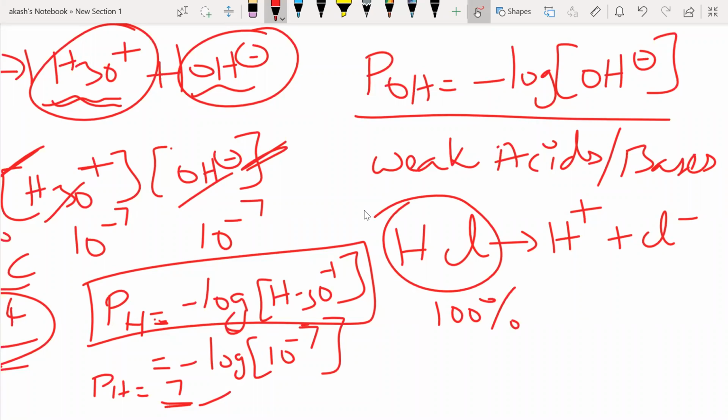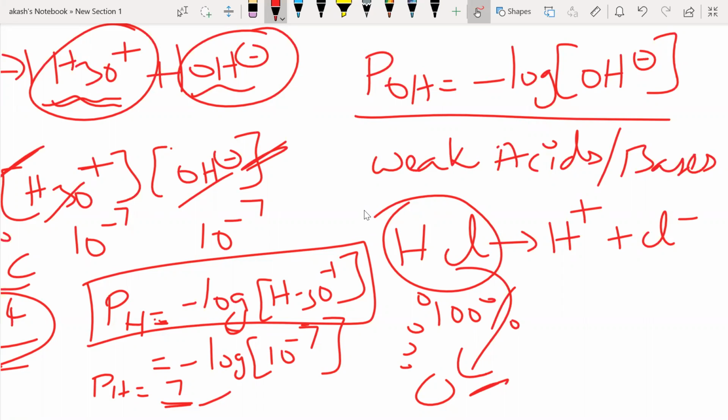So if I start with some 10 ml of HCl, all the 10 ml ideally would give me H plus and Cl minus. At the end of the process, the concentration of HCl would have become 0. Again, if I want to do any calculation with my equilibrium constant, there's going to be a problem because I'm going to end up with a 0 at some point of the reaction.